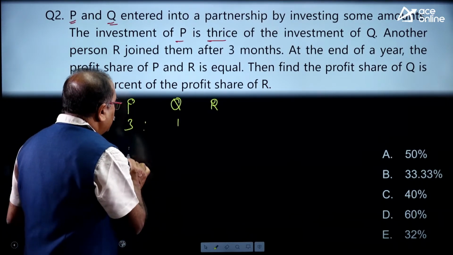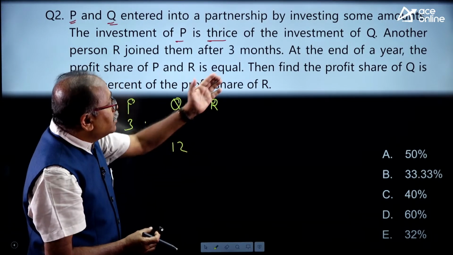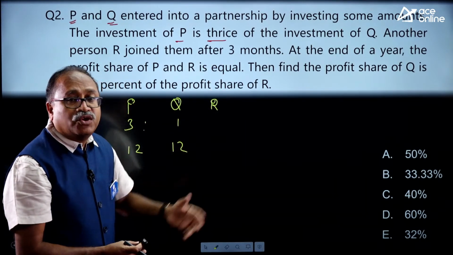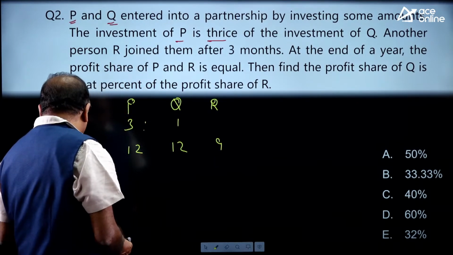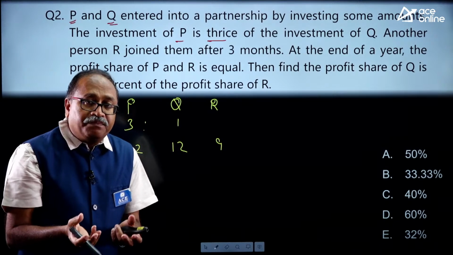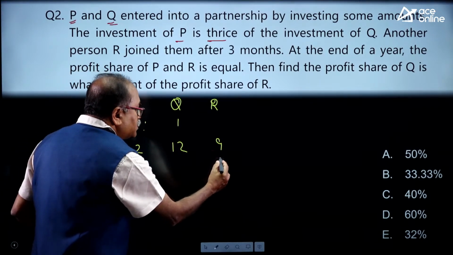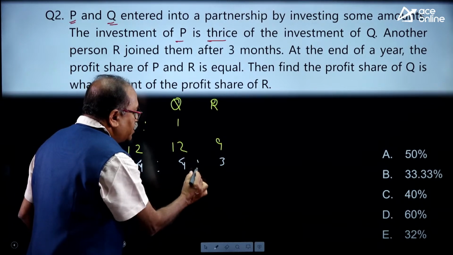So here P works for 12 months, Q works for 12 months, as after 3 months R joins. So R works for 9 months. From this statement, I am getting the ratio of their investment time period. And that is 12, 12 and 9, which is 4, 4 and 3. This is the time ratio.